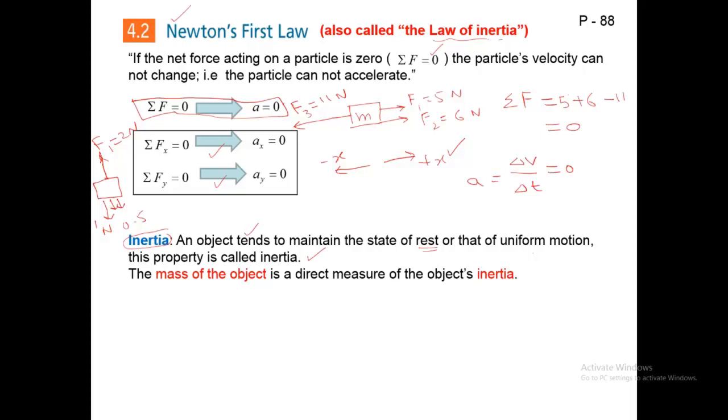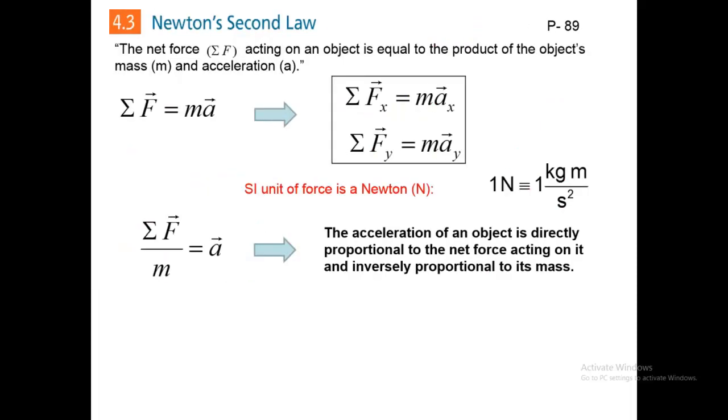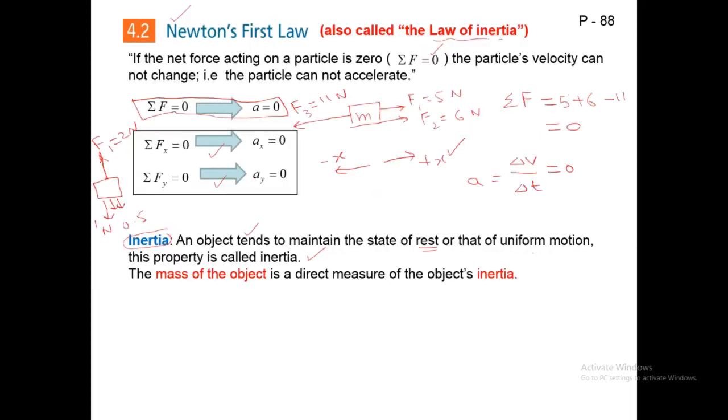The mass of the object is a direct measure of the object's inertia. Means, for example, if you have this object and this object, this is number 1, this is number 2, this is M1, this is M2. You see, M2 is greater than M1.